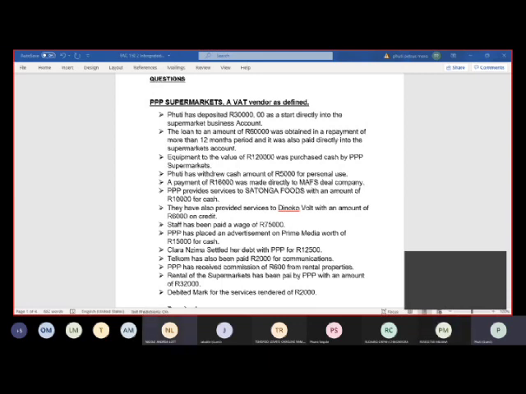Makes sense. Right, a loan of 60,000 rand was obtained with a repayment period of more than 12 months, and it was paid directly into the supermarket's account. Which two accounts are affected here? Bank, which is an asset, and a liability.